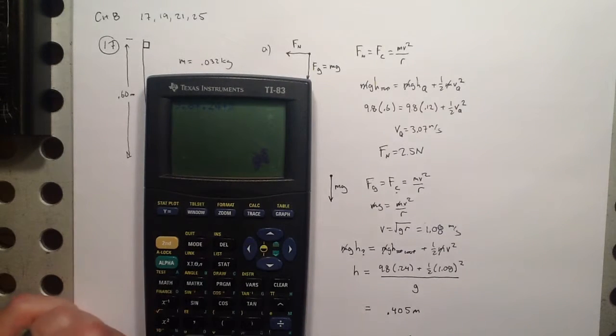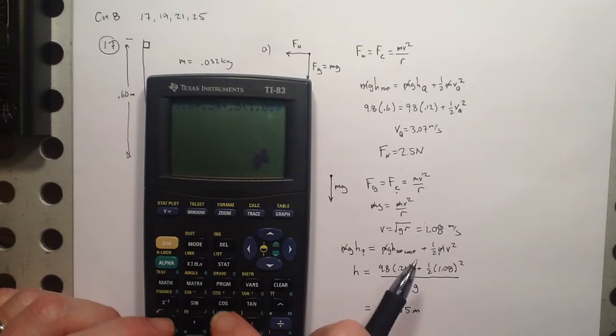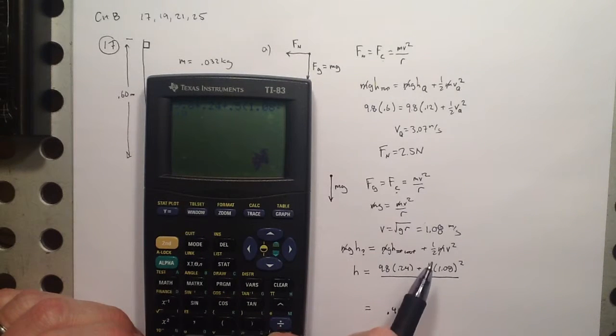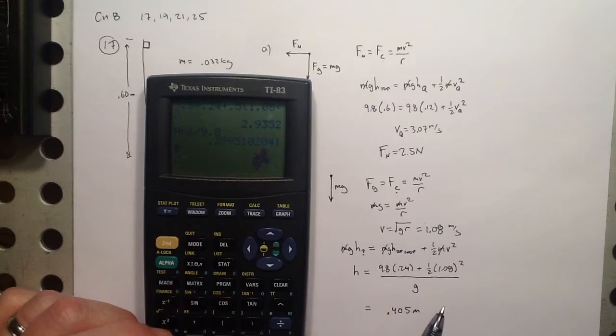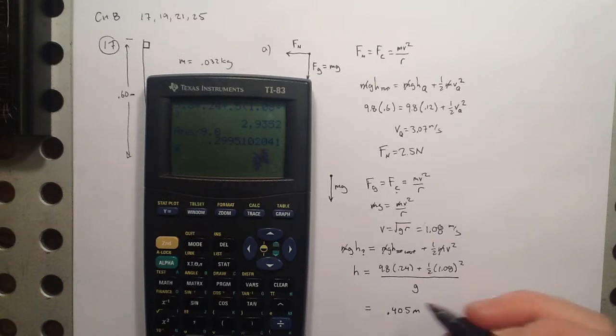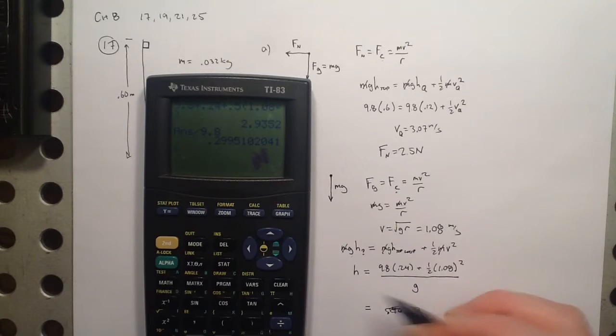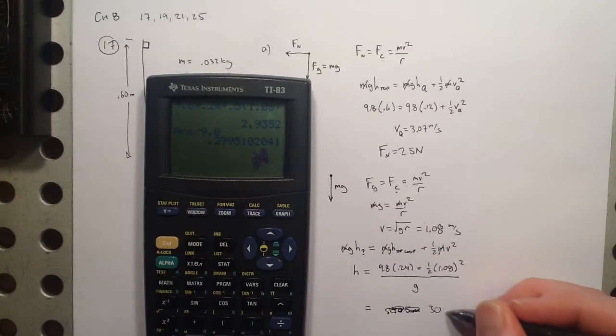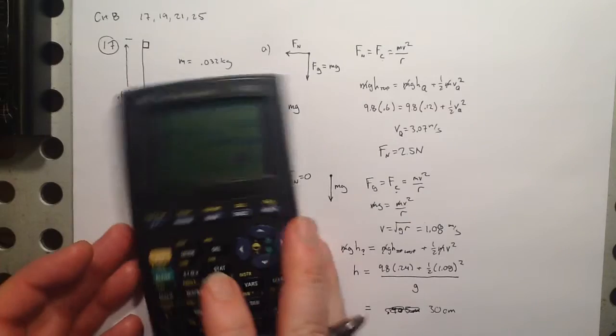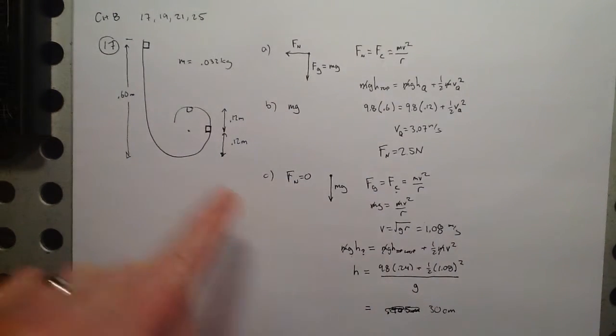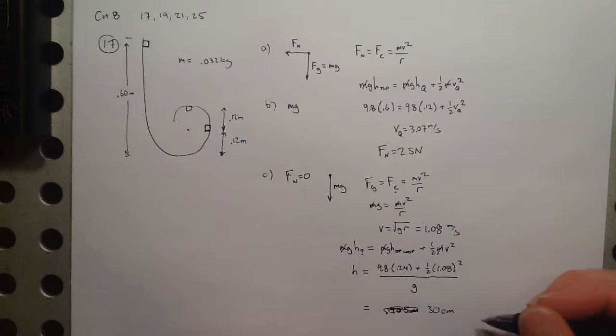Maybe you already know where the mistake is. Maybe you saw it. Times 1.08 squared. I'm going to divide that all by 9.8. Oh, there we go. So I don't know what I did before, but this is set up right. And that's 30 centimeters. And notice that that is 2.5 times the radius. You can run that whole calculation without knowing anything, and you would find that the height that you have to release it from is 2.5 times the radius.